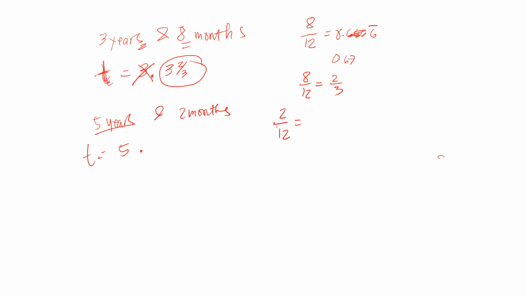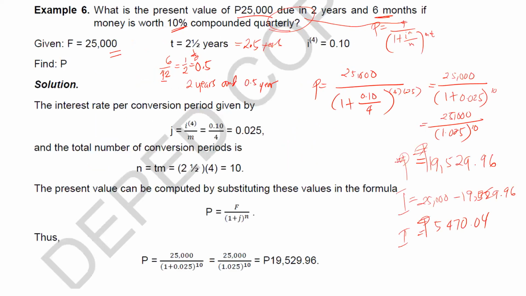On the calculator, 2 divided by 12 is 0.1666 with the 6 repeating. Since we cannot round off, use the lowest term, 1/6. So 5 and 1/6. This is what you input in the calculator. Any questions on today's discussion? None.